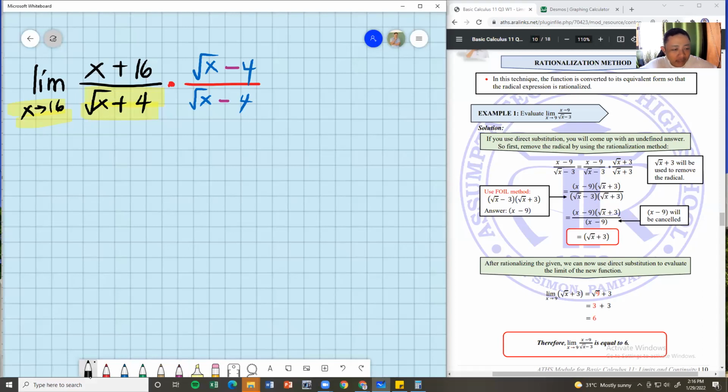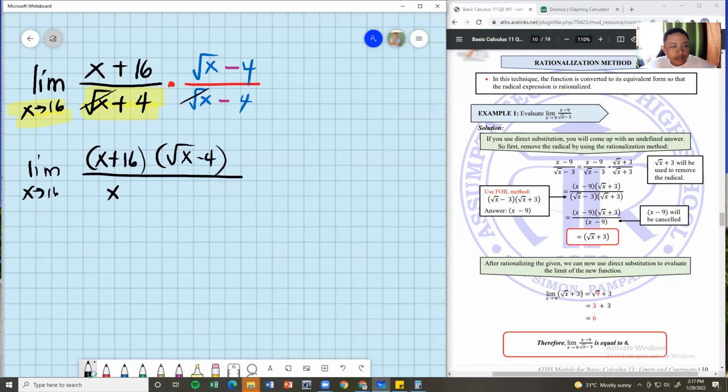That's the conjugate. So we will end up with, as x approaches 16, the limit of, let's combine, x plus 16 times square root of x minus 4. And then in here, shortcut, that becomes x. And then multiply this, that's negative 16.